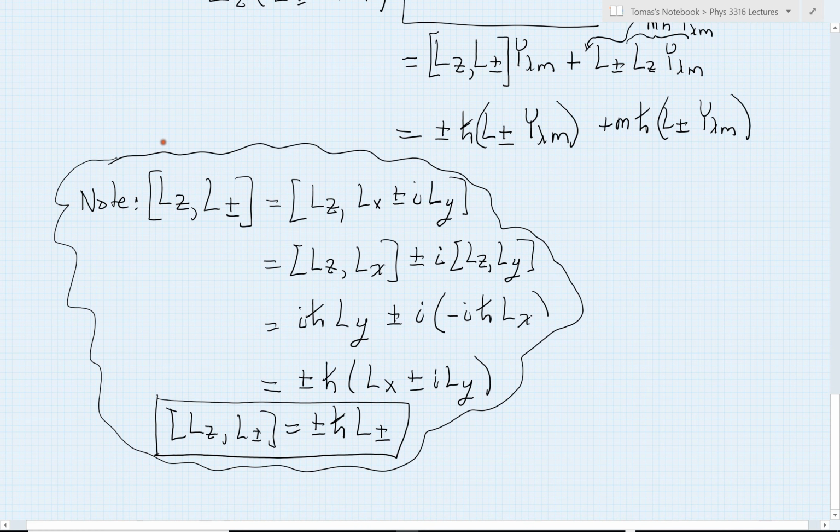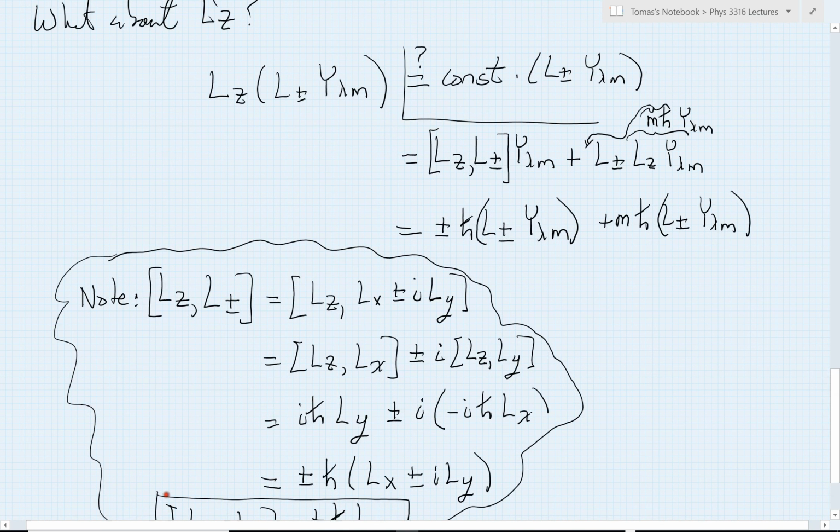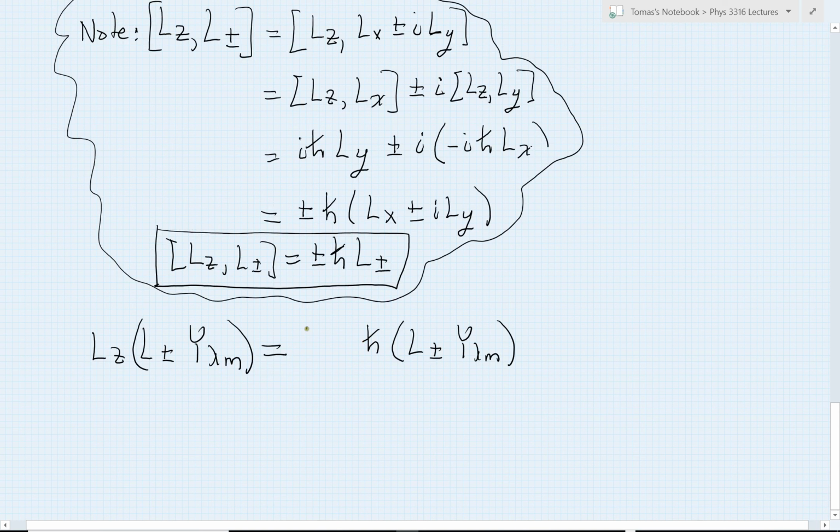So let's gather all that down here together into a nice neat equation, a final result. So Lz applied to L plus or minus Y lambda m will equal something times L plus or minus Y lambda m. And that something is apparently mħ plus or minus ħ. So factoring out the ħ, that was (m plus or minus 1) times ħ. So that is my result here.